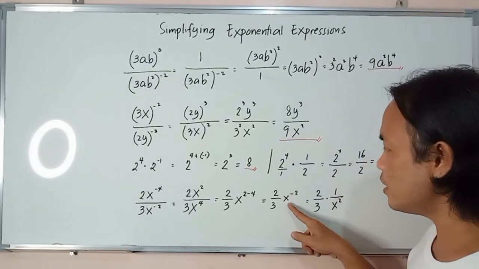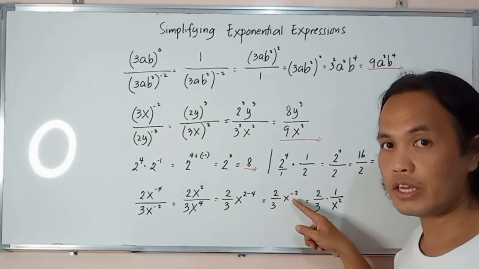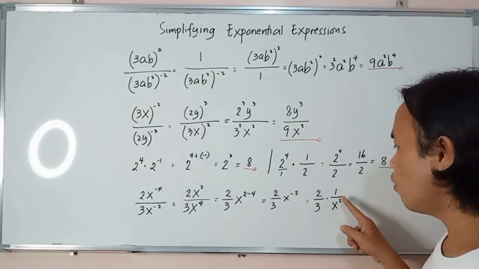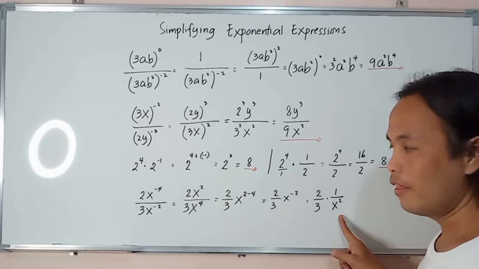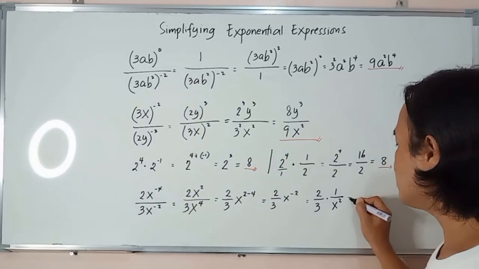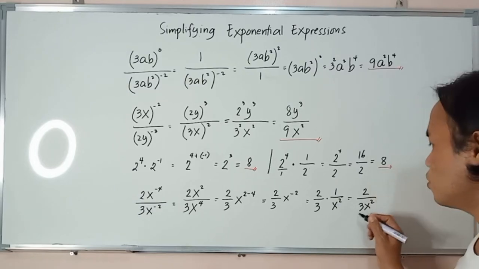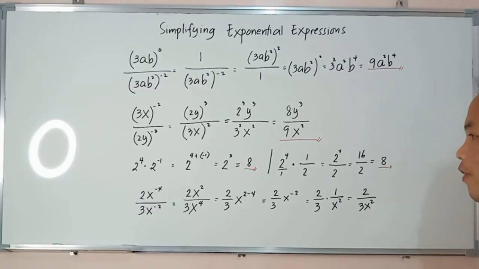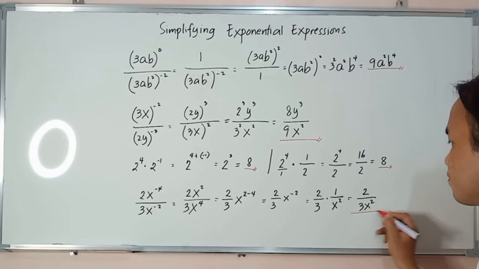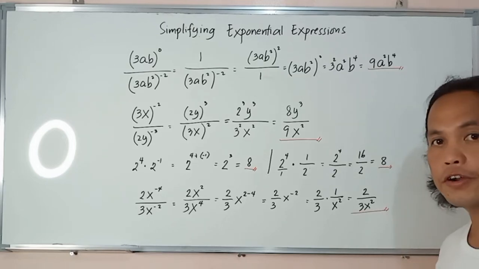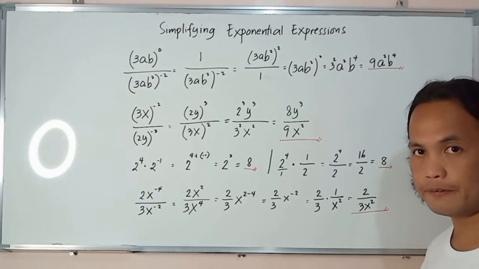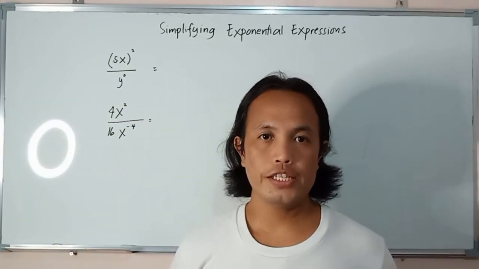Because the reciprocal of this expression here, x raised to negative 2, is 1 over x squared. So then multiply, this gives us 2 over 3x squared. So our final answer would be 2 over 3x squared. Let's proceed to this next example.